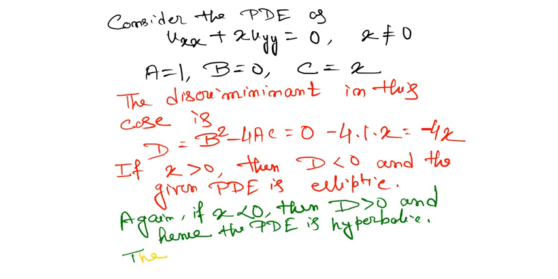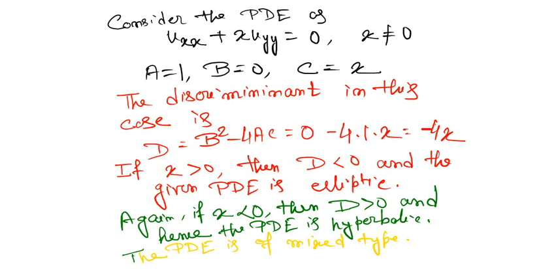the PDE is of mixed type. So basically this is the conclusion, mixed type, since it's neither elliptic nor hyperbolic as a whole, rather it depends on the sign of x.